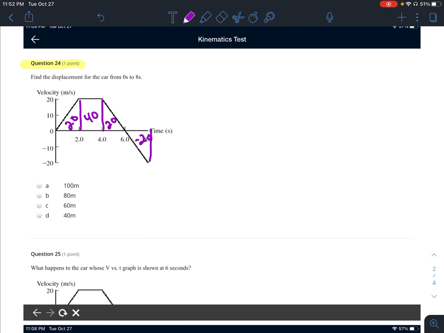So in a sense, these two could cancel out, and we just look at our two positive ones. Or we can look at it as a positive. We moved overall in the positive direction 80, and then negative direction 20. So that's going to result in positive 60.